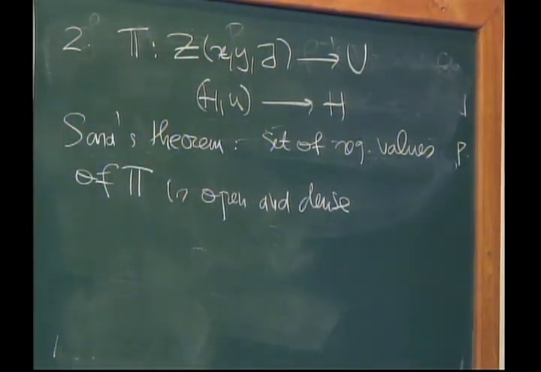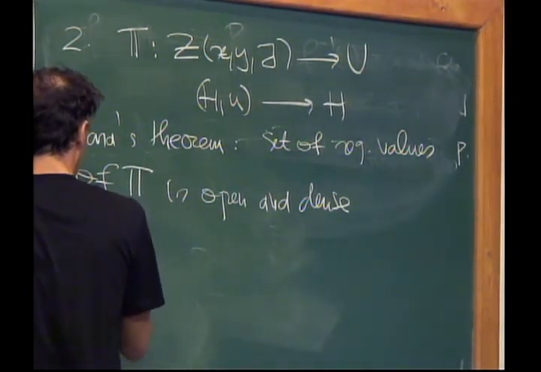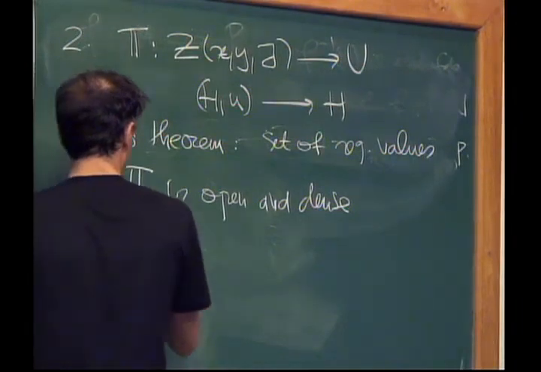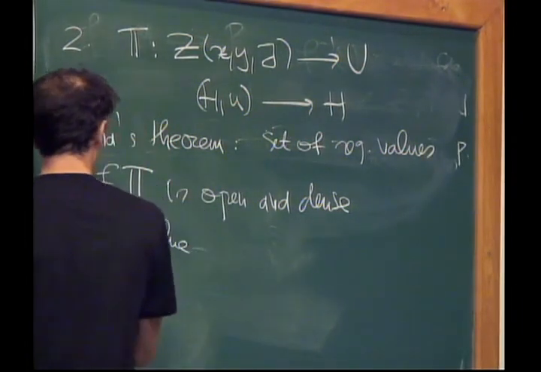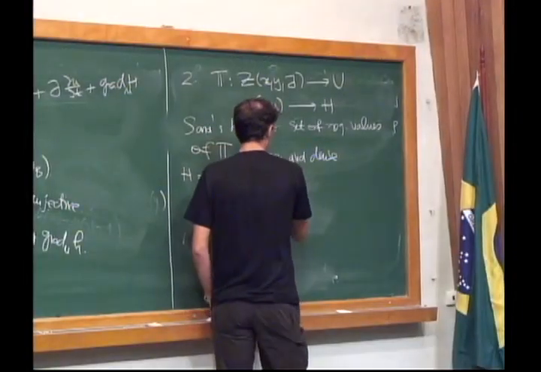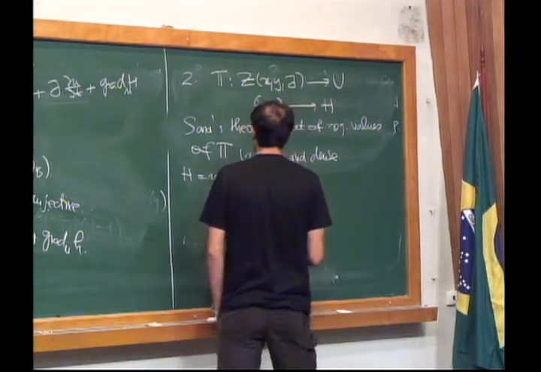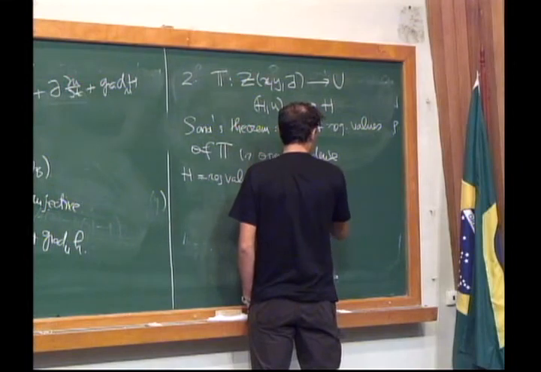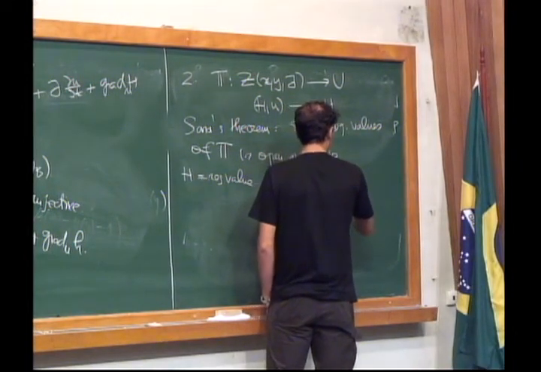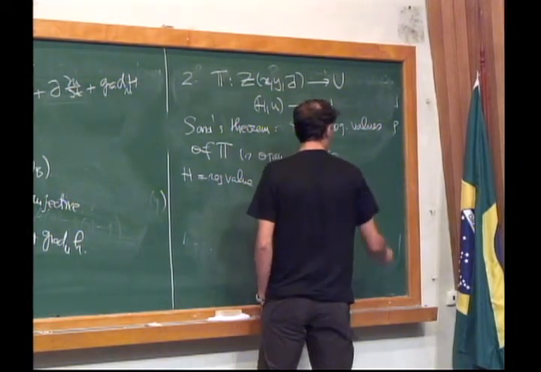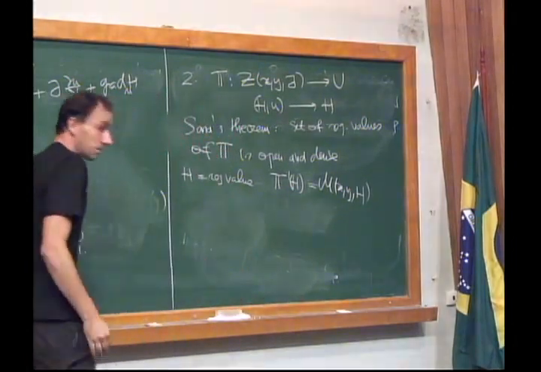So you pick a regular value, if h is a regular value, then you have pi minus 1 of h is a submanifold, and actually pi minus 1 of h is exactly this space, right?